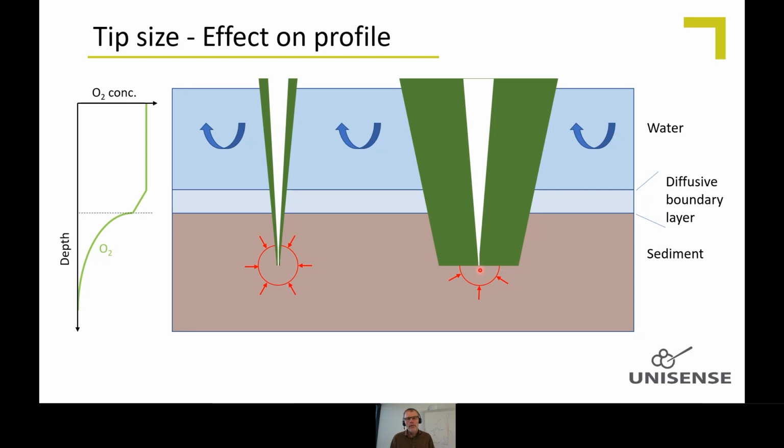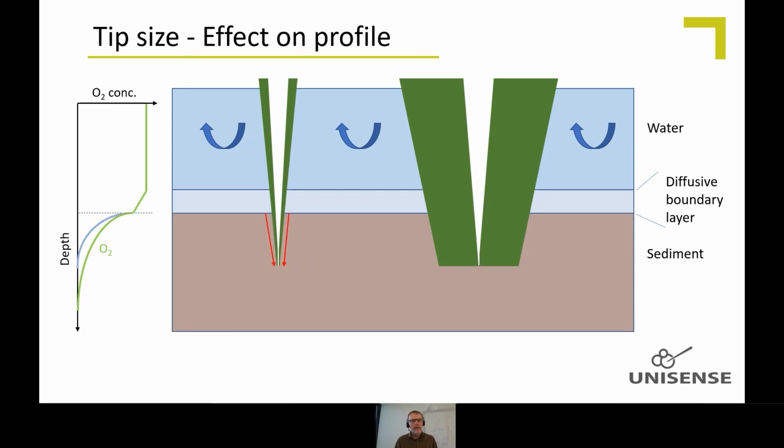That means that after introducing the sensor, the supply will be lower, and then the concentration will adapt to the lower supply and find a new steady state concentration, which is lower than the previous one. And therefore, you might risk getting a profile that looks different from the ideal profile.